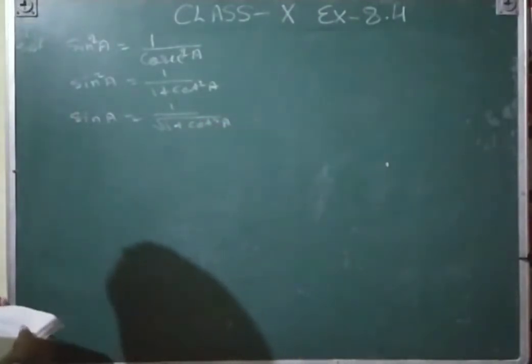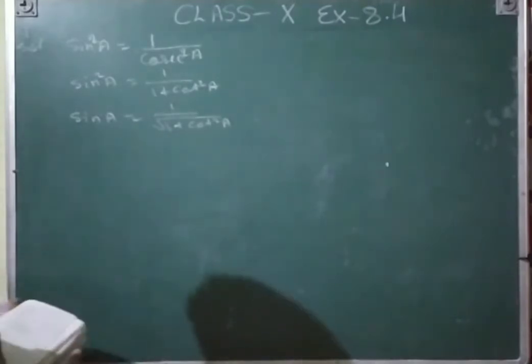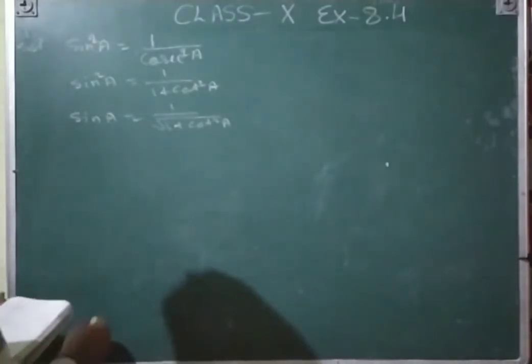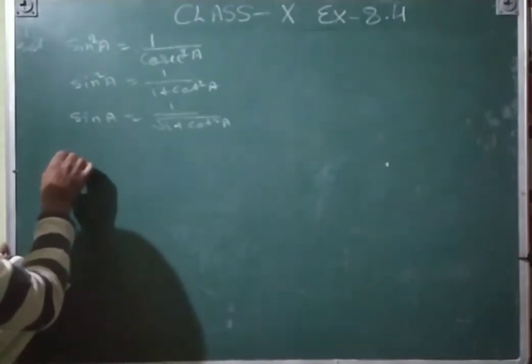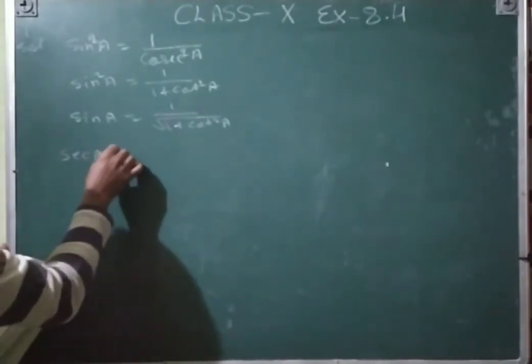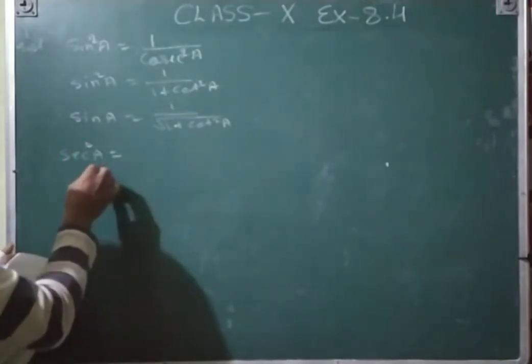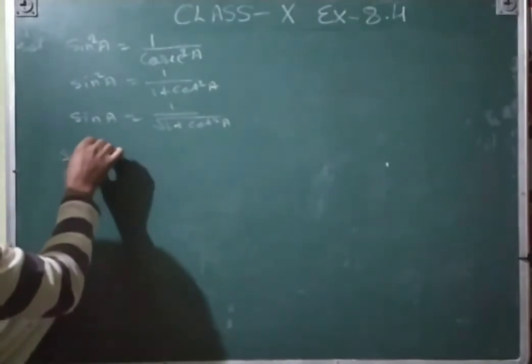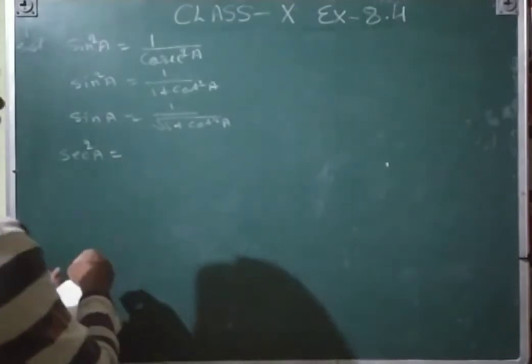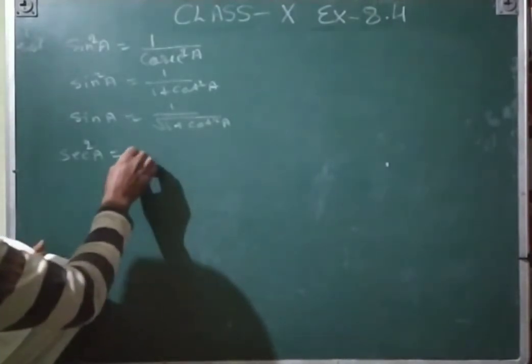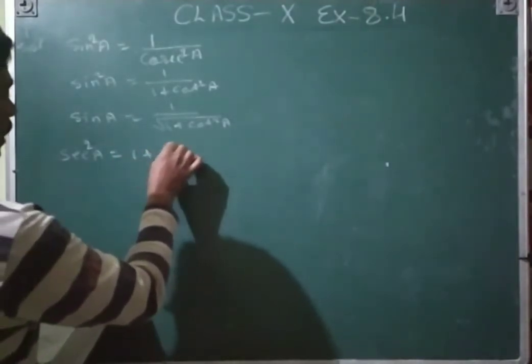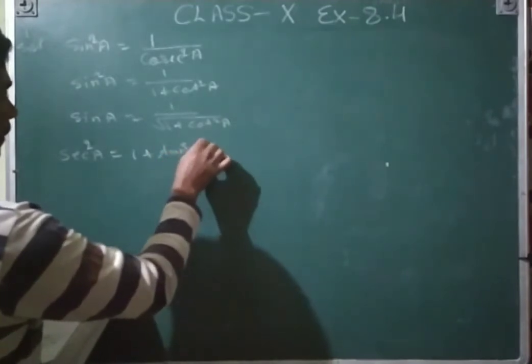Second, it is saying sec A. Sec square A is equal to 1 plus tan square A. This is the identity.